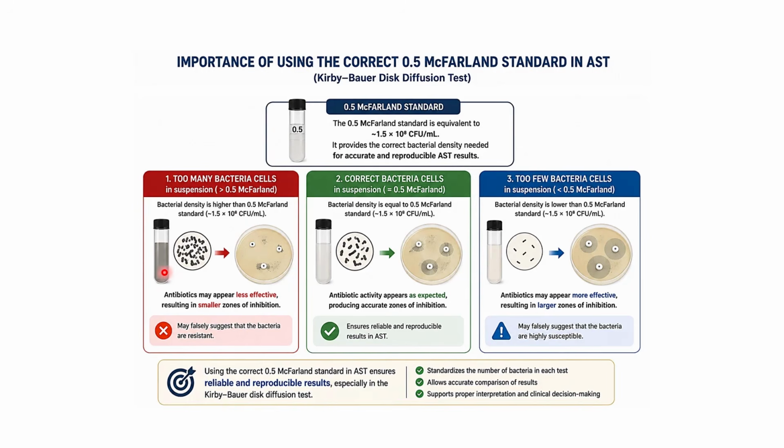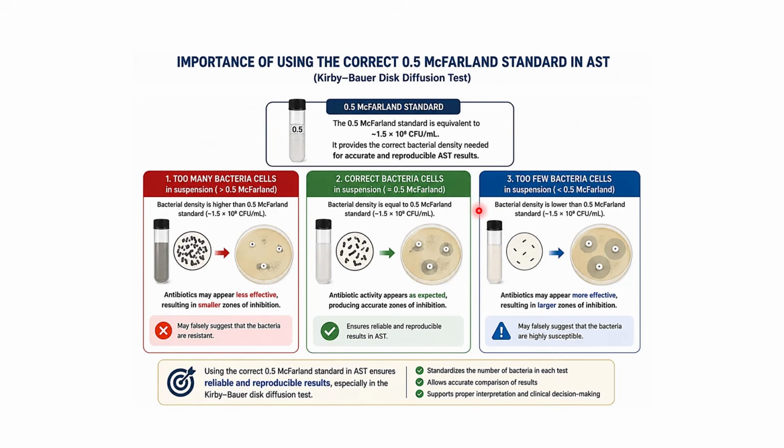So when this bacterial suspension is used in performing AST in the Kirby-Bauer disc diffusion test, this heavy inoculum will make the bacteria appear less susceptible to antibiotics. This is because there are more bacterial cells for the antibiotics to inhibit, and as a result, the zone of inhibition becomes smaller, which may falsely suggest that the bacteria are resistant, whilst in actual fact, they may not be resistant to these antibiotics.